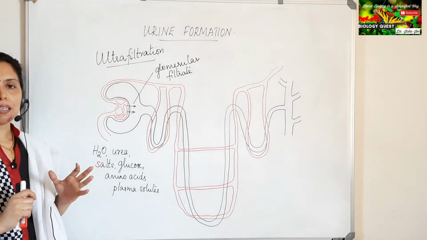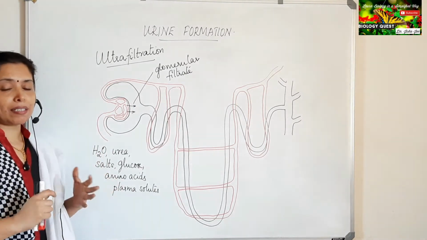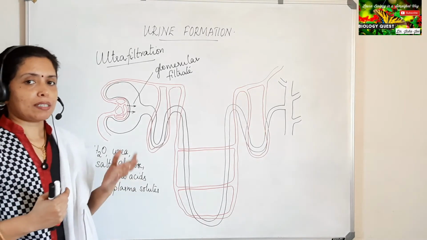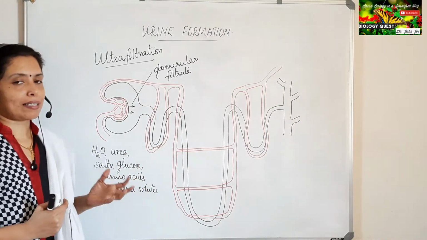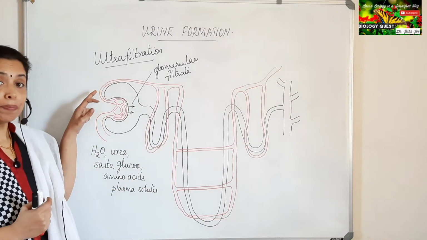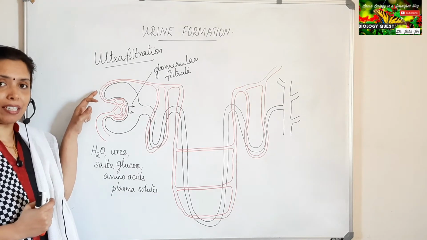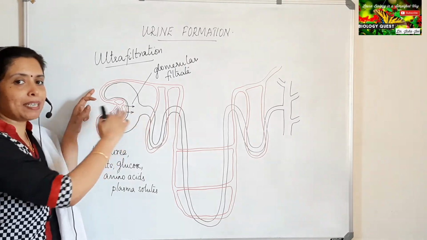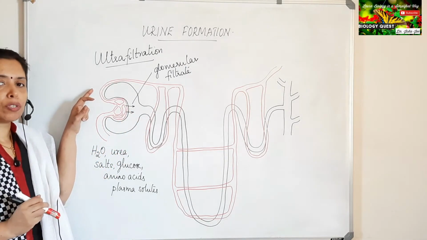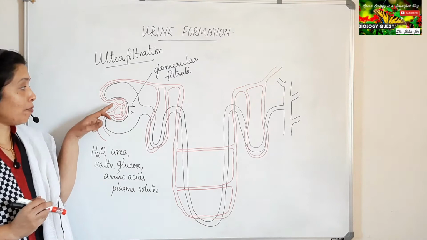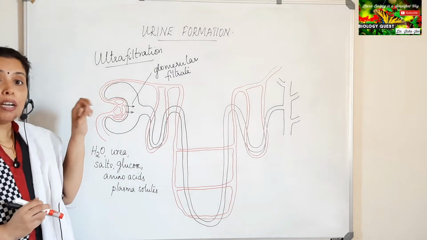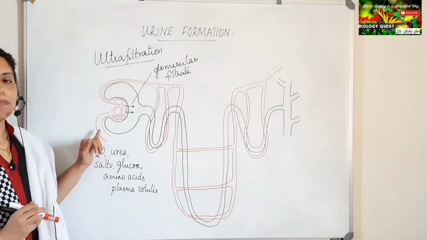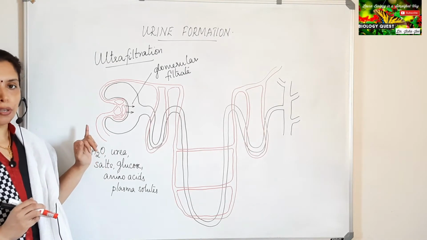And it will contain the blood corpuscles, the RBCs, WBCs, the platelets, and larger components like the proteins, with less amount of water because almost all the water has been filtered out into the hollow space of the Bowman's capsule. So the blood flowing through the efferent arteriole will be thicker than the blood that was in the afferent arteriole.